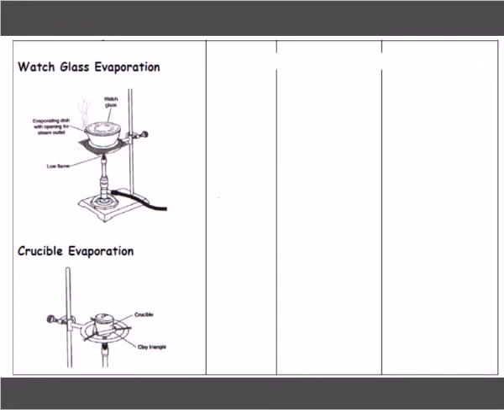All right, now there's 2 different types of evaporations. We will do at least one of these at some point. It can either be using a watch glass or a crucible. Same idea. You're going to heat something up, and then it's going to leave something behind. So, this is a physical separation.